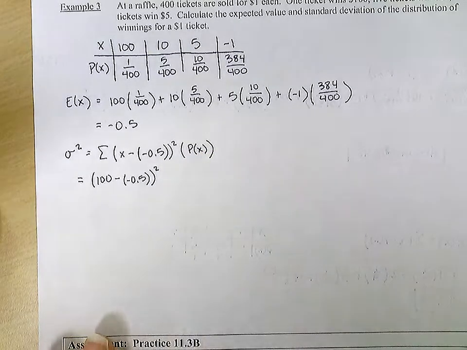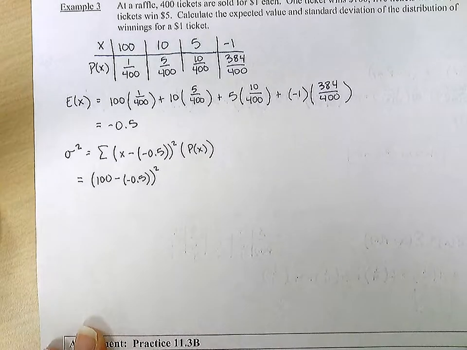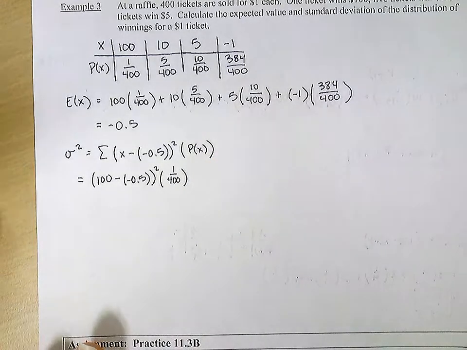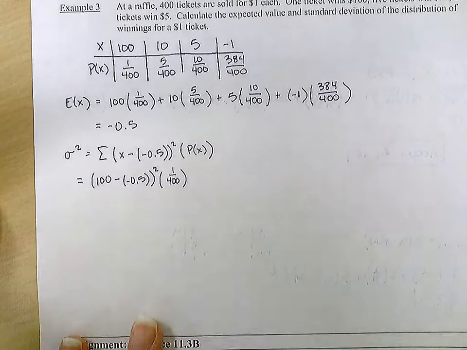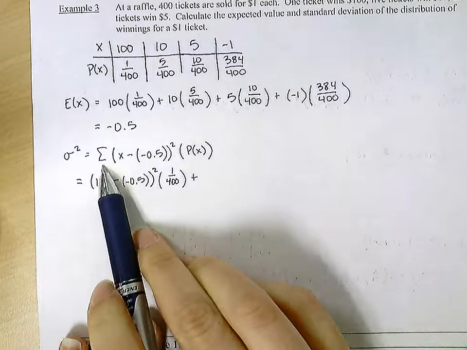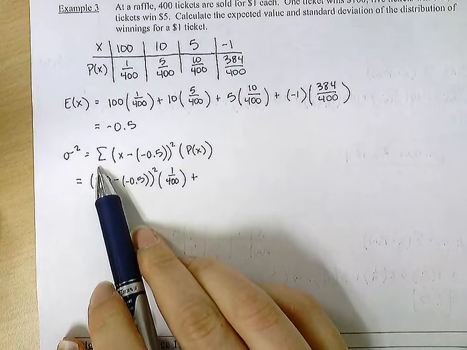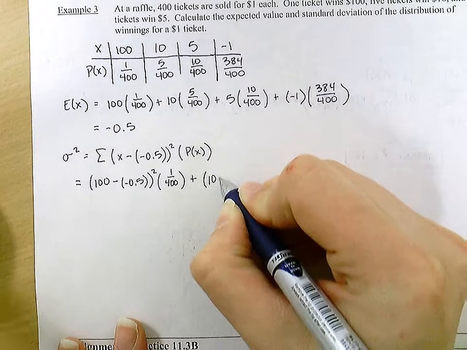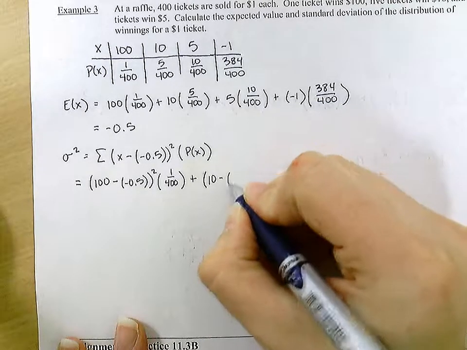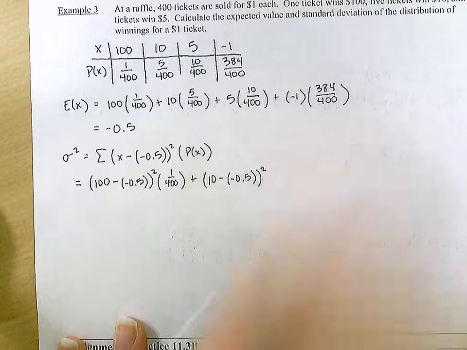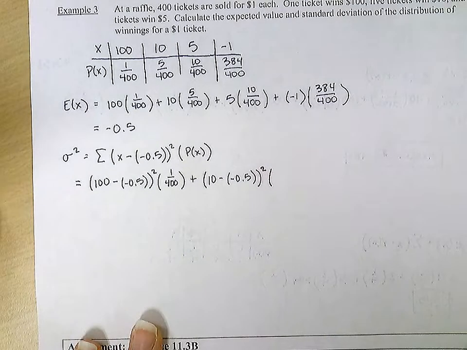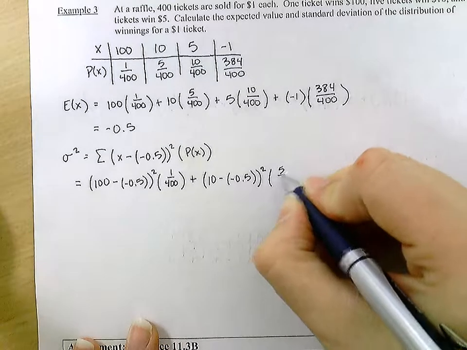And then what was the probability of 100? 1 out of 400. Yep, and we're adding because this is that sum symbol, so we have to add each one. So our next x value is 10. We're subtracting a negative 0.5 and squaring it. Then multiplying by the probability of winning $10, which is 5 out of 400.